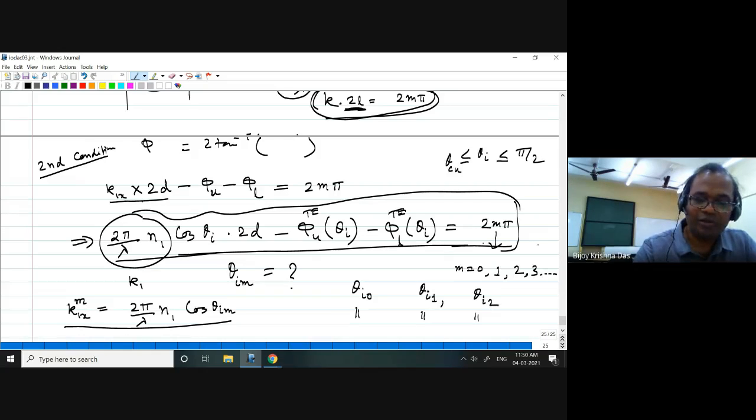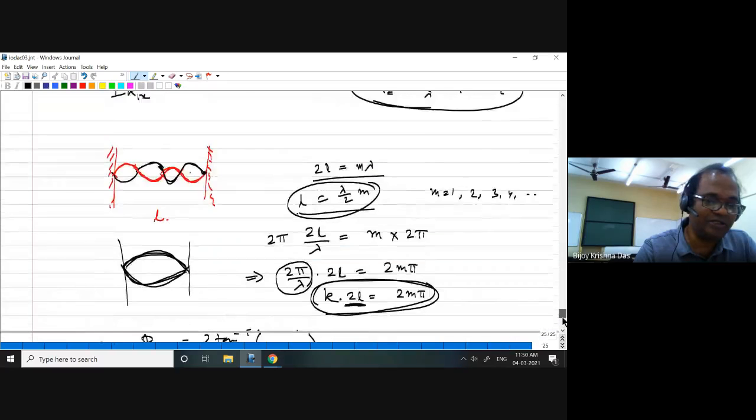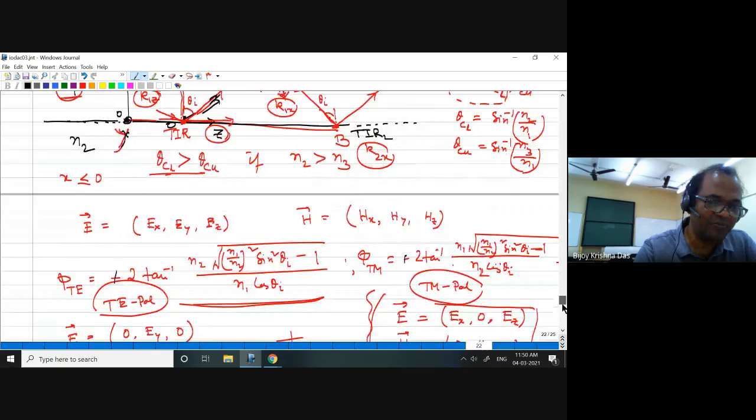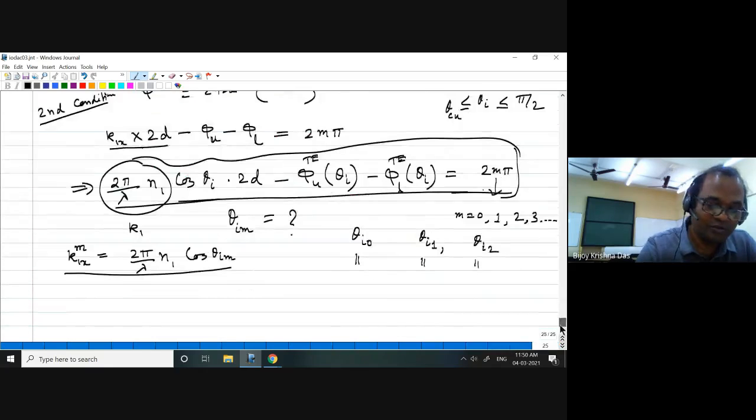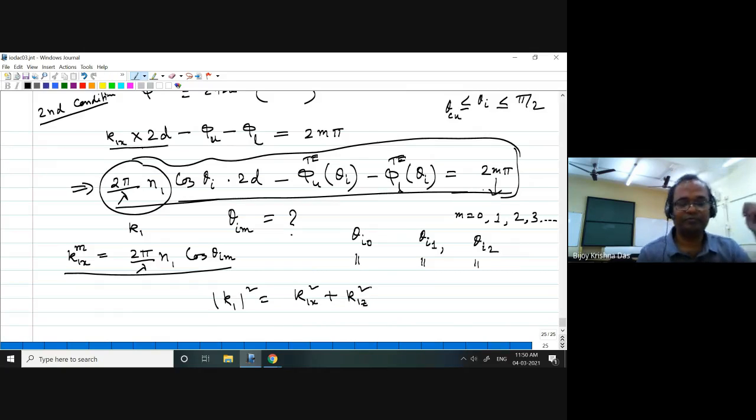Now, if you consider that the x component is discretized, what does it mean? You know K1x and K1z. When K1x is discretized, you know the value of K1. K1 square will be nothing but K1x square plus K1z square.